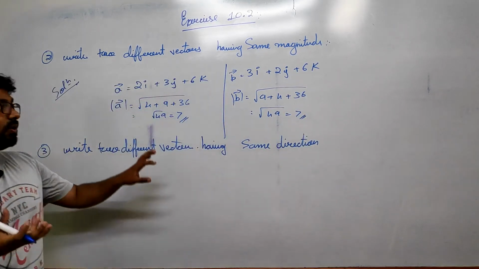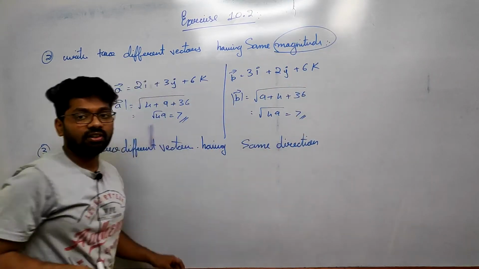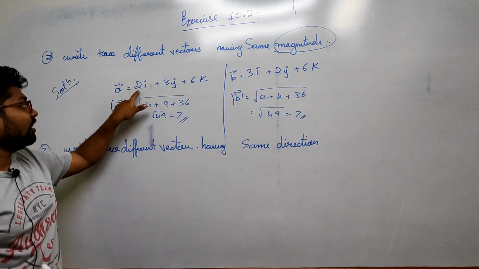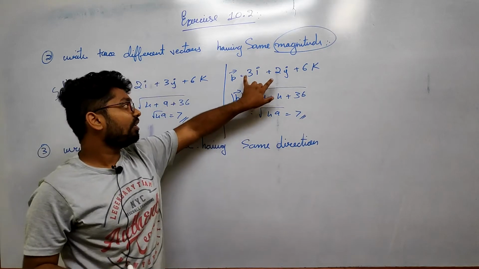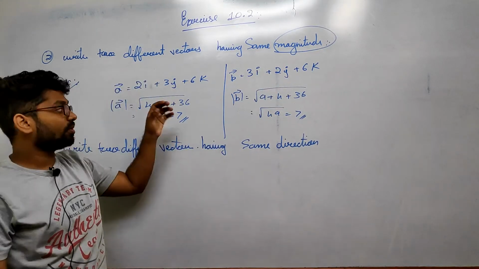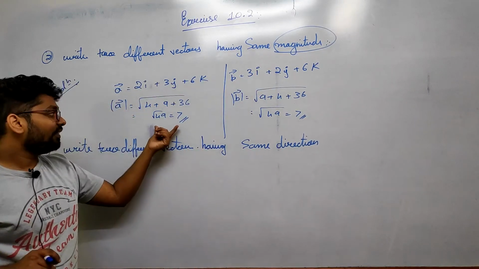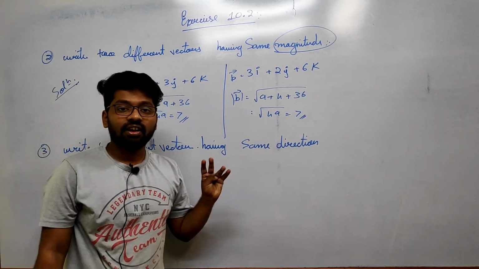So what they had told us, two different vectors having the same magnitude. How we visualize this is, see here, 2i plus 3j plus 6k. There is a change of the constants with i and j. So it means I have two different vectors having the same magnitude. This is how you solve it. Understood till here?